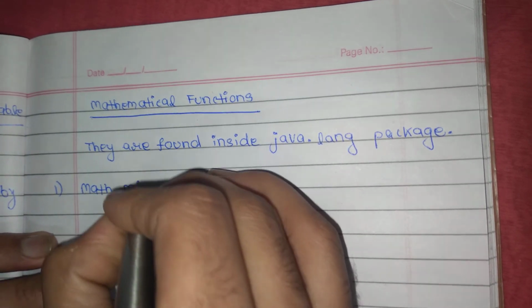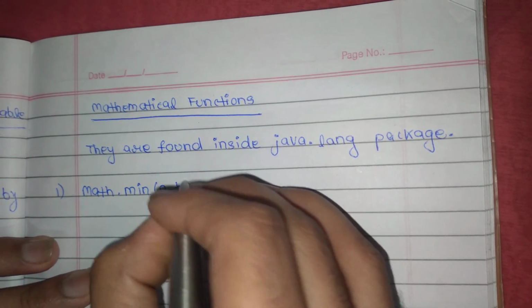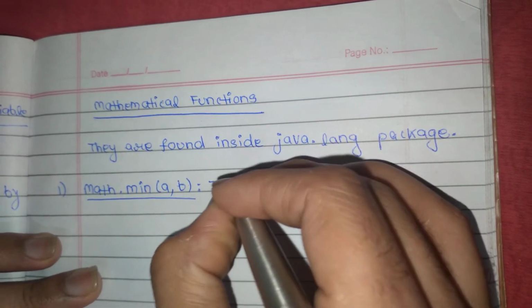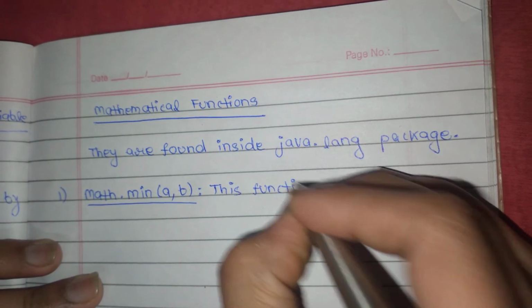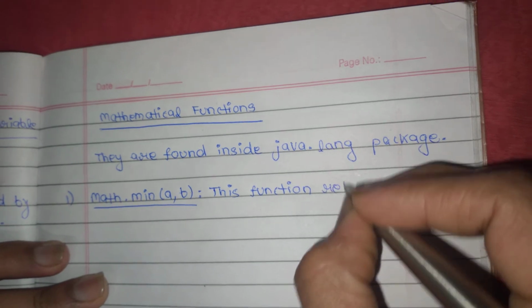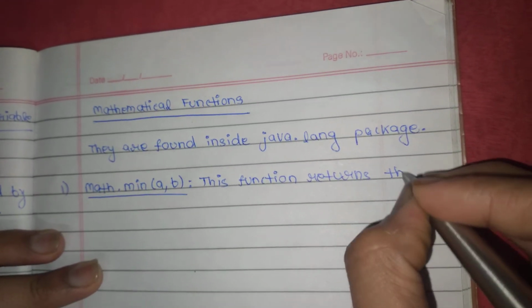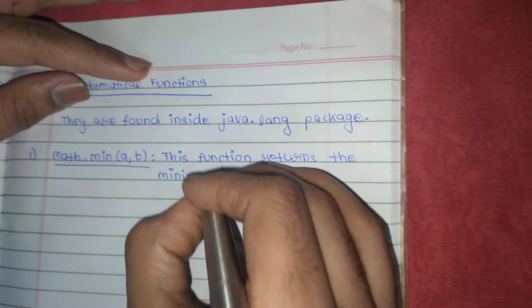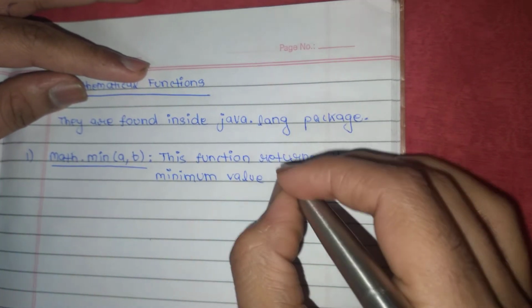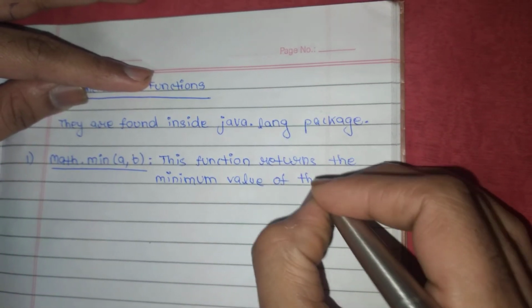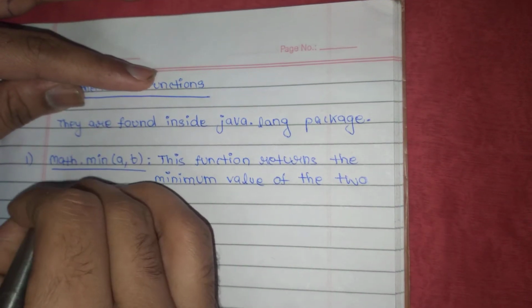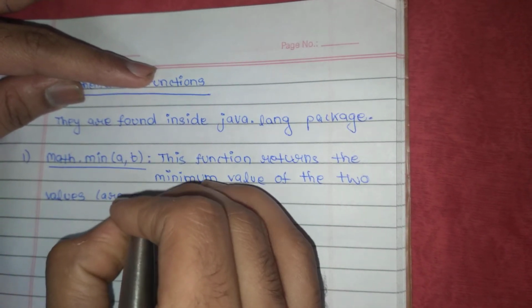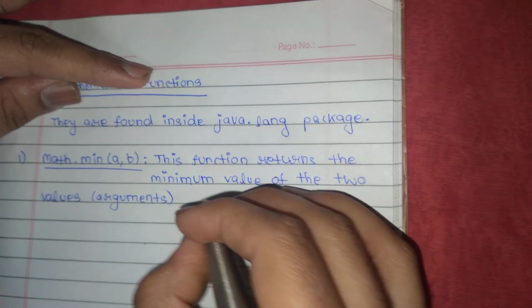math.min. This function returns the minimum value of the two values, which are also known as arguments in Java, passed.